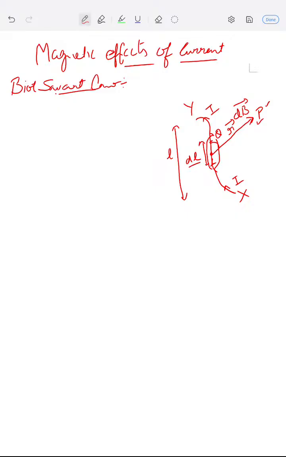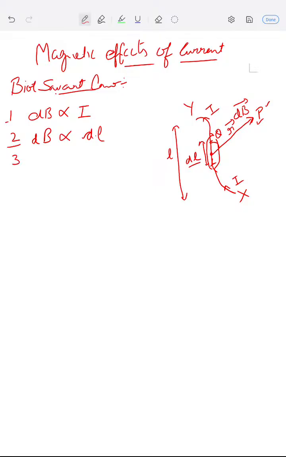So what does the Biot-Savart law basically tell us? The magnetic field produced at point P is directly proportional to current I. The second point is that the magnetic field produced at point P is proportional to the small element dl along the length of the conductor.